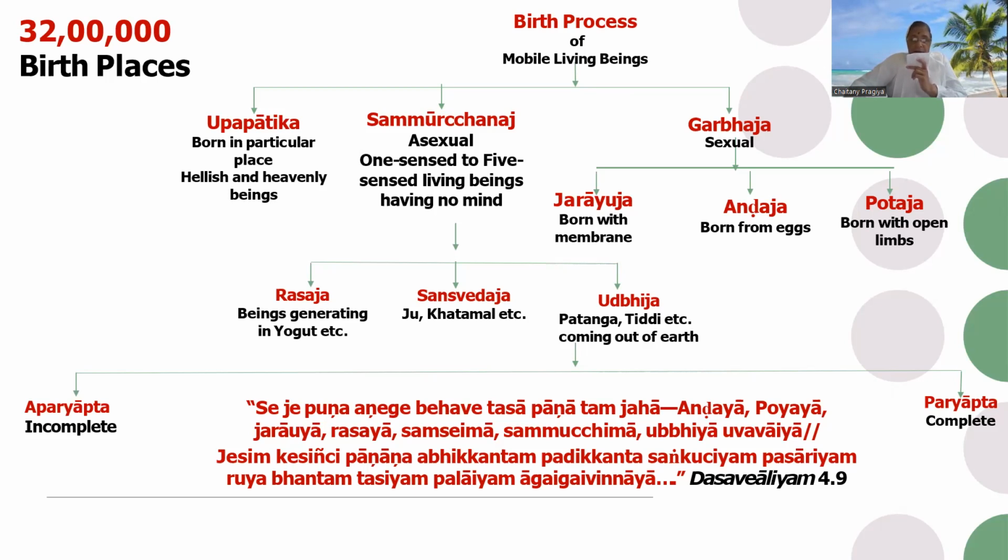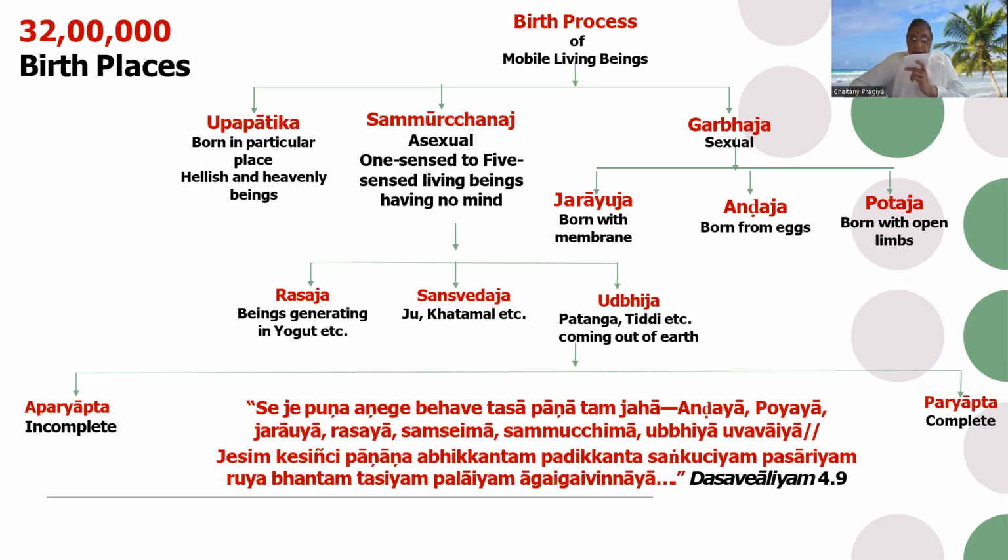The germs which come out of or generate in some kind of sweat are known as Sansvedaj, like lice and bedbugs; all these come under this category. And Udbhij are those Samurchim living beings, which are asexual living beings, recognized as Patanga, Tiddi, etc., which come out of the earth.